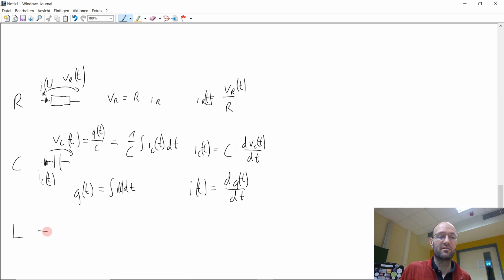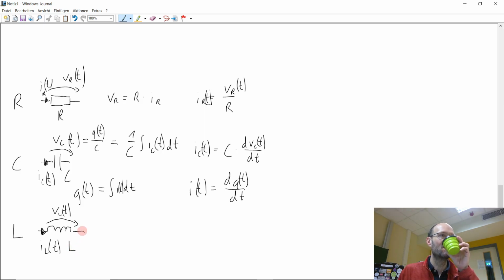We don't use this element in our exercise task, but for completeness let's add the inductance, so we have some current IL going through the inductor and some voltage drop across this inductor. R, C, and L. So how do current and voltage on the inductor depend on each other?